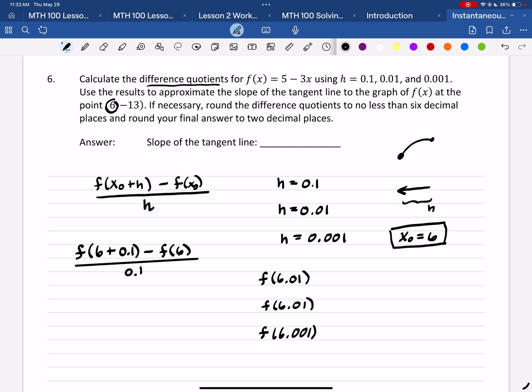And I'm going to have to do that every time, and we also have to do f of 6, so let's do f of 6 also. And then we can just plug it into the formula. Okay. So here's my function, 5 minus 3x. So 5 minus 3 times 6.1, 5 minus 3 times 6.